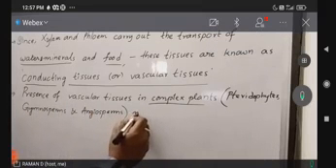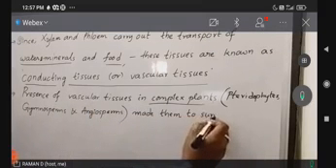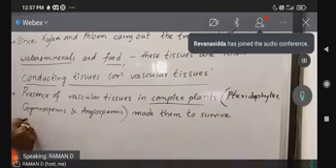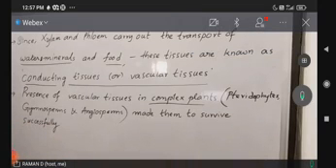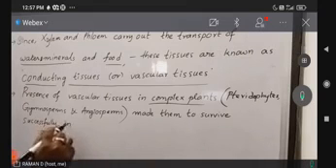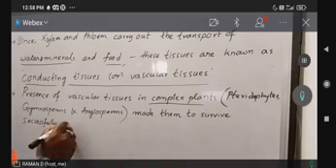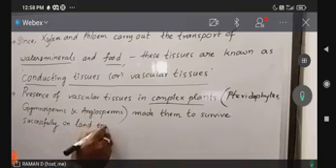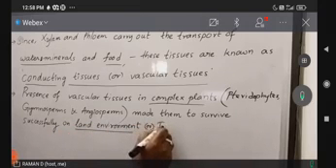Presence of vascular tissue in complex plants made them to survive successfully as complete land plants, in land environment or terrestrial environment.